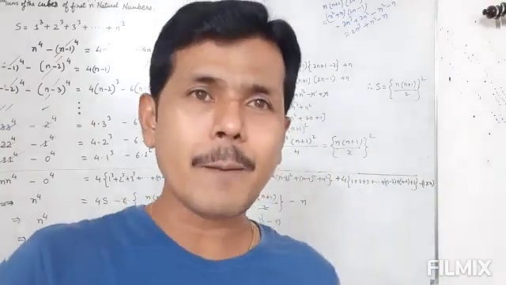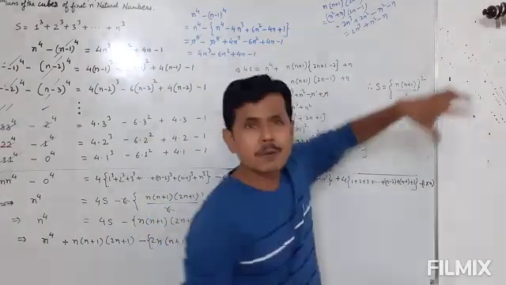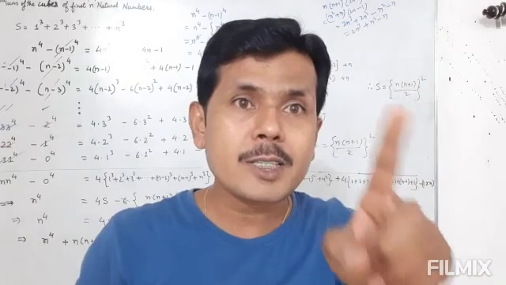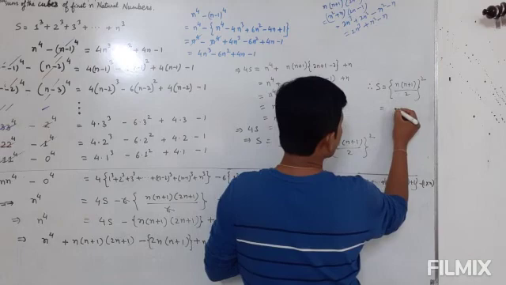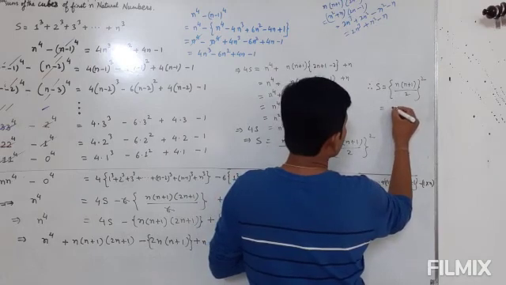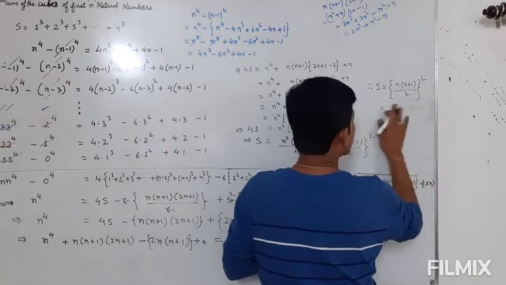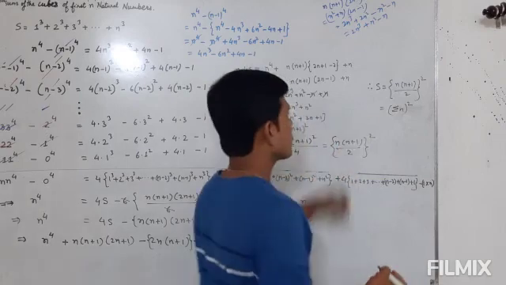And if you remember this part, n into n plus 1 divided by 2, it is the sum of the first n natural numbers. So we can also remember it like this. If you know this, you can find it.